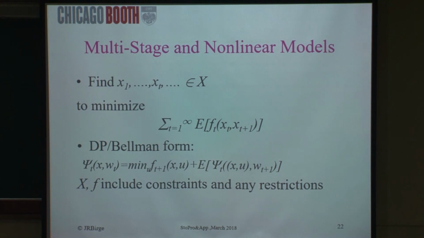Now I also might have, like in the financial planning model, decisions that are made over time. So those are these multi-stage models. One way in which I could describe those models is I'd say there's a value from going from a state at one point in time to a state at a different point in time.